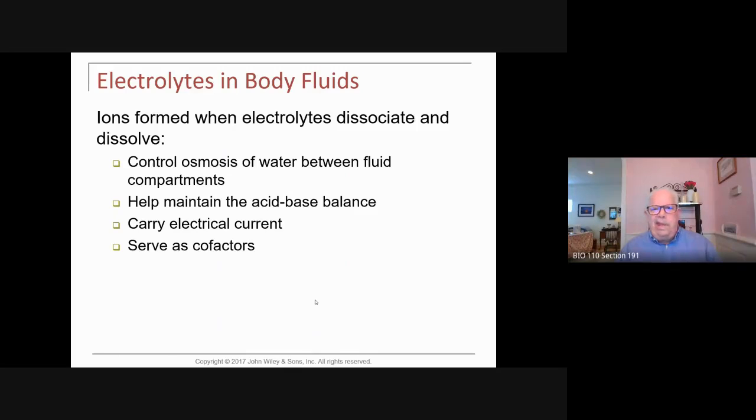And there should be an equilibrium between the extracellular fluid and the intracellular fluid. And because there is water in between the fluid compartments, it's all controlled by osmosis, because that's what happens when water goes in and out of a cell. These electrolytes maintain acid-base balance. They carry an electrical charge. And some of them are cofactors in enzyme production.